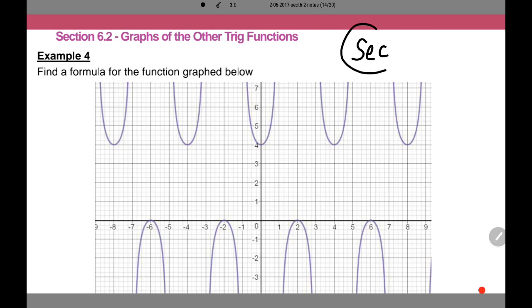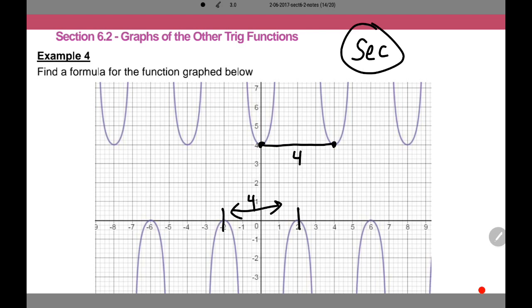Alright, so this would be a secant function. I don't have any shift here, left or right, so that helps. And just like before, we can count our period by doing this. I'm going to count from 2 to -2. That's 4. Alright, same thing if I do 0 to 4, that's 4.